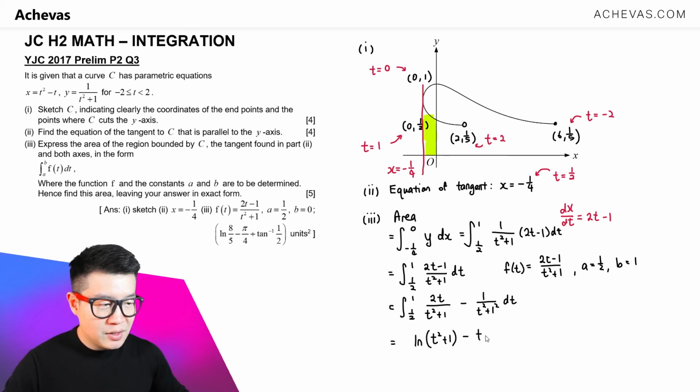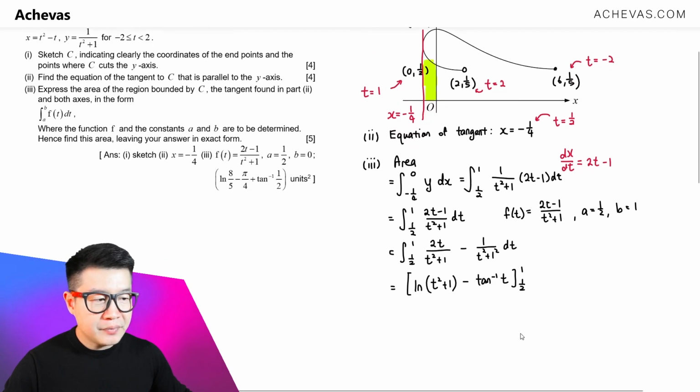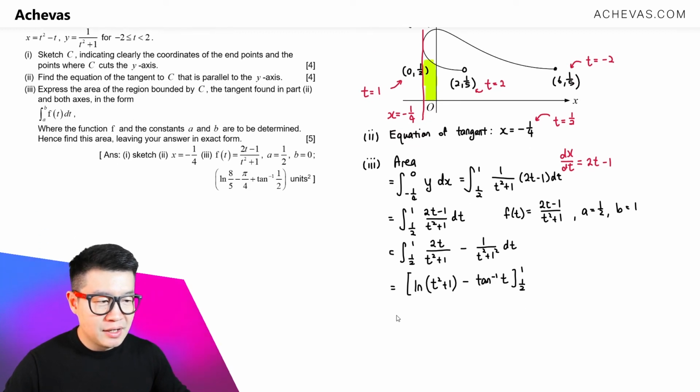As for this, using the formula that is in our formula sheet, this is going to be tangent inverse of t. So it is going to be this from half all the way until 1. So let us substitute in the numbers. This is going to be substituting this in. We will have ln 2 minus tangent inverse 1, which is pi over 4. So this minus pi over 4.